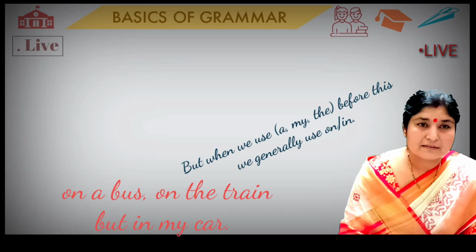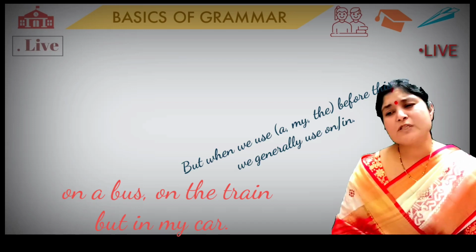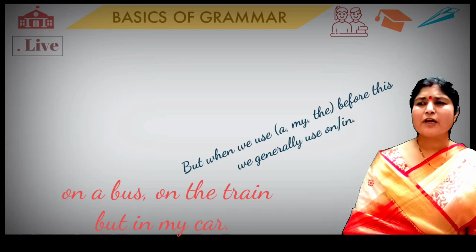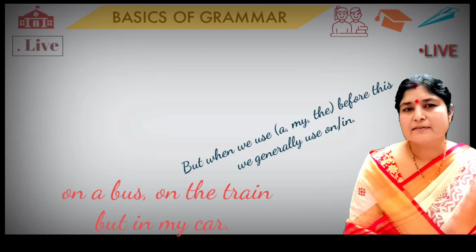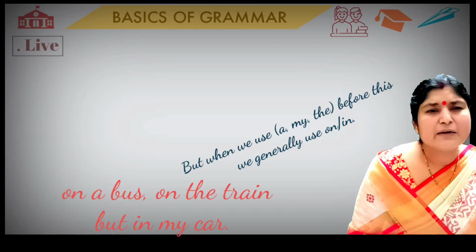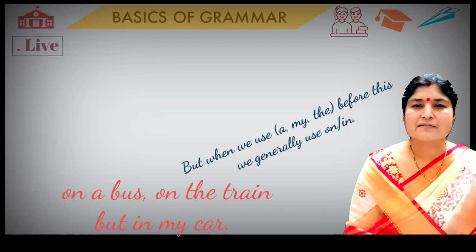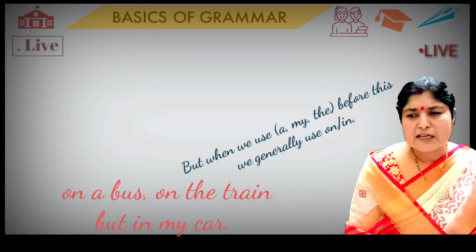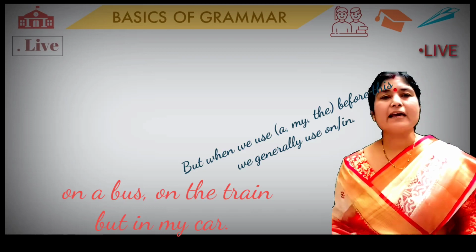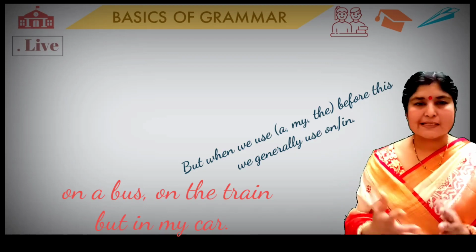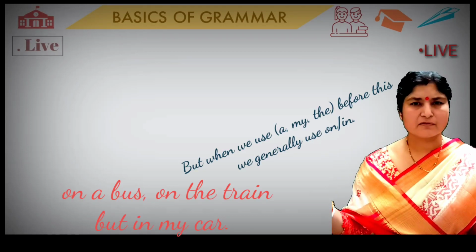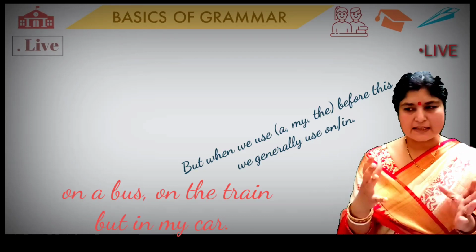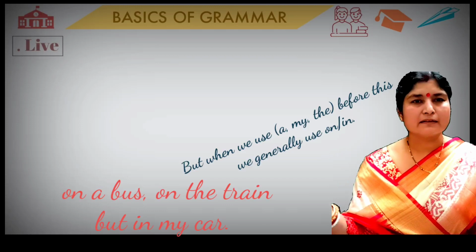So the question comes here: why are we using on a bus, on a train, but in my car or in a taxi? We can say that a bus or train is a very big thing, and that is the reason we use on.